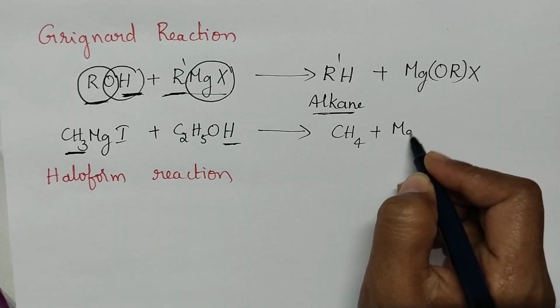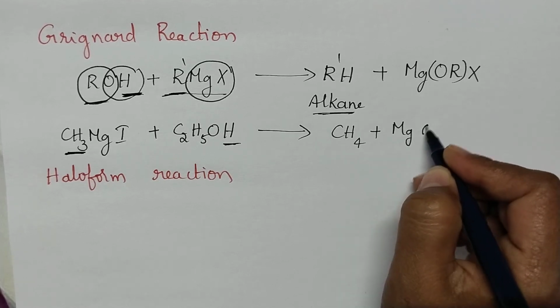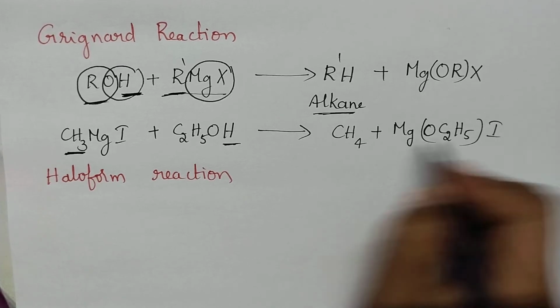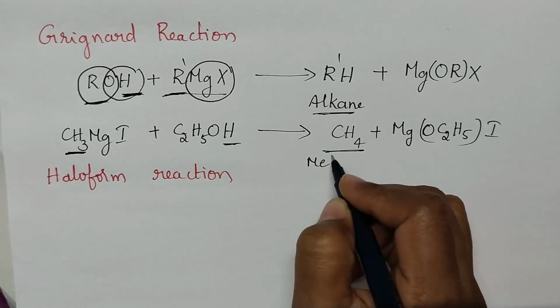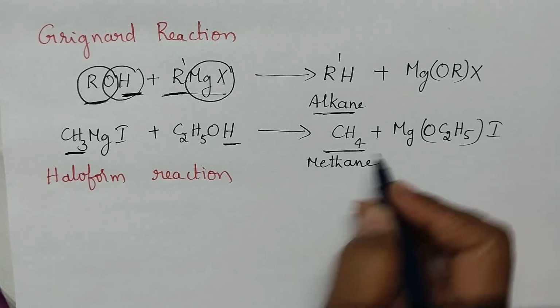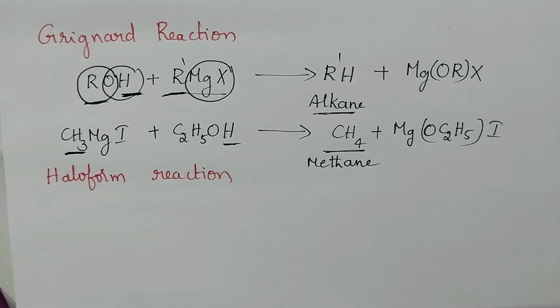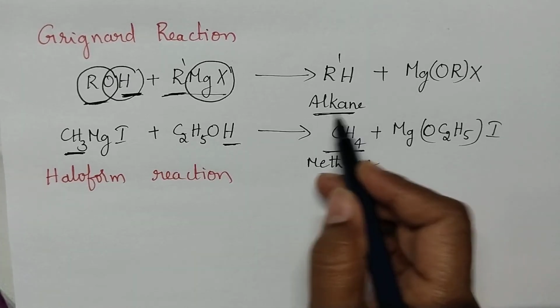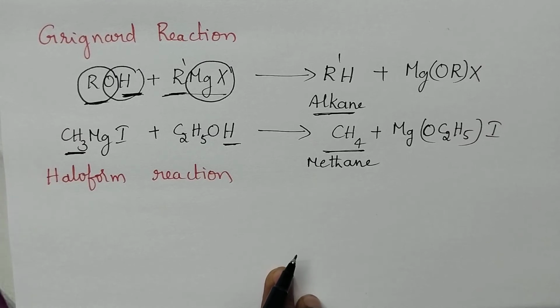And coming to the remaining product, MgOC2H5I. So in this way, it is possible to prepare methane from Grignard reaction. Is it clear, students? What is the importance of Grignard reaction? It is highly useful for the preparation of alkanes.